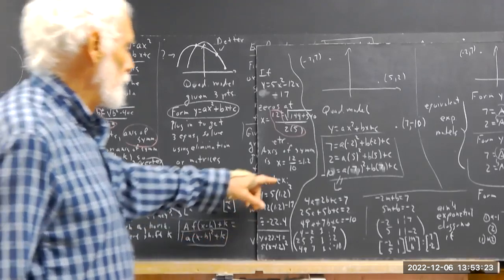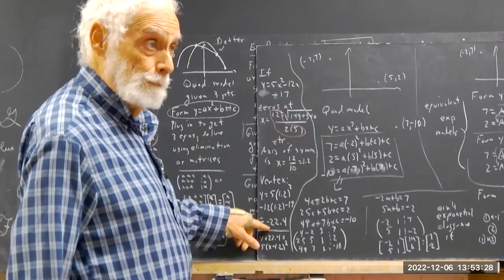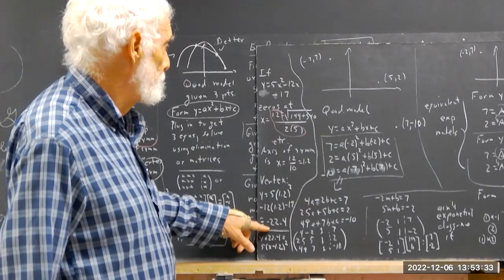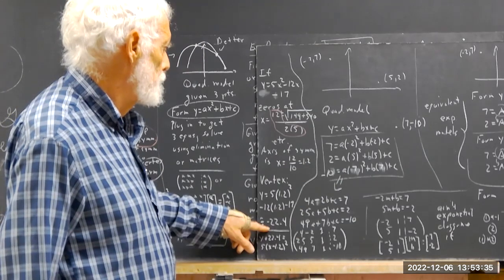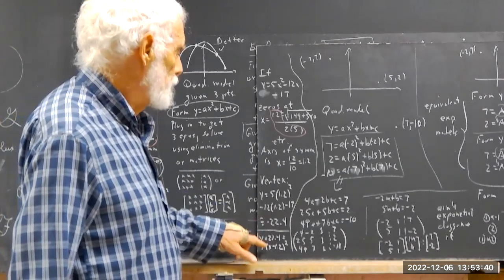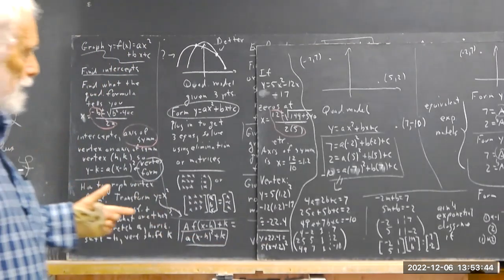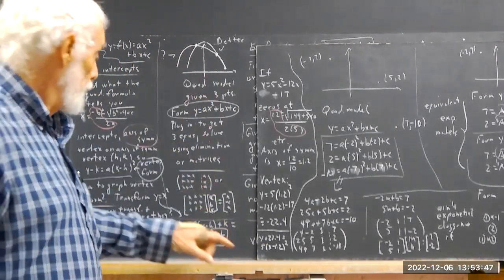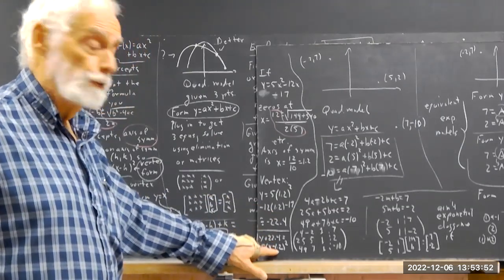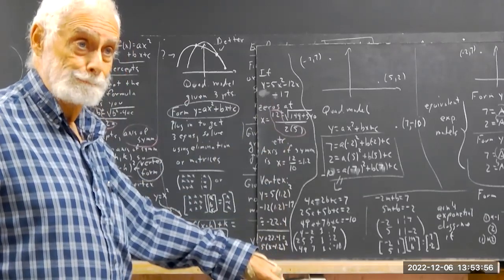H and k are the coordinates of the vertex, 1.2 and negative 22.4, if I did this correctly. Yeah, that works. Which means that I transform y equals x squared by first of all vertically stretching by a factor of 5, horizontally shifting 1.2 units, and shifting it 22.4 units down.